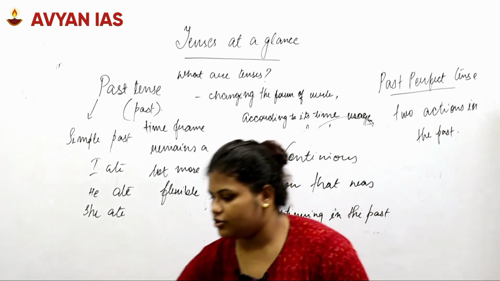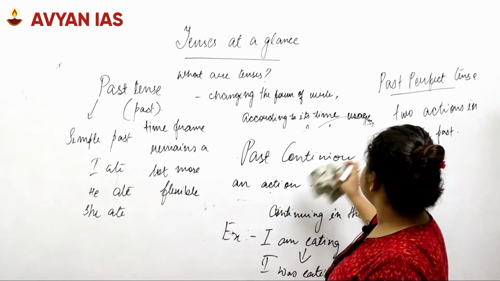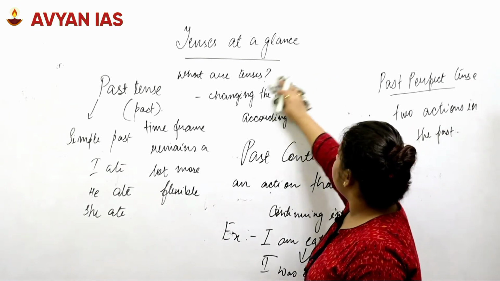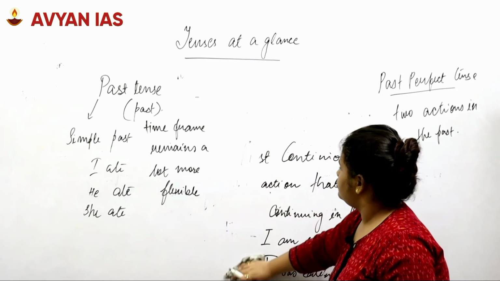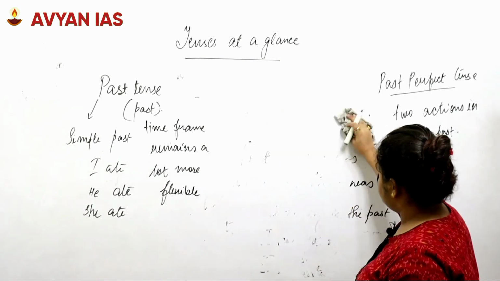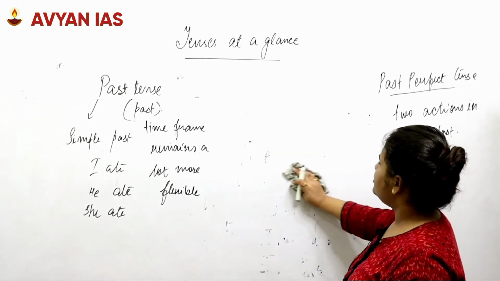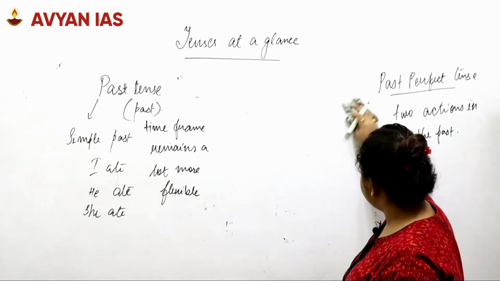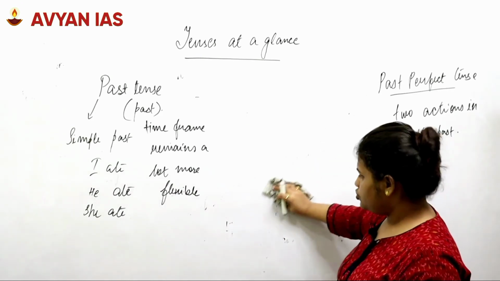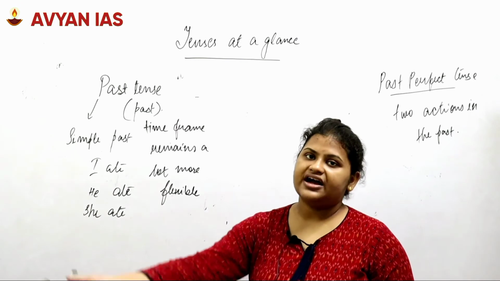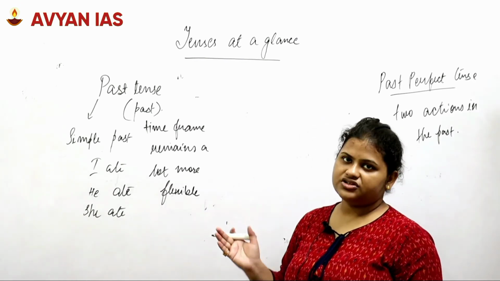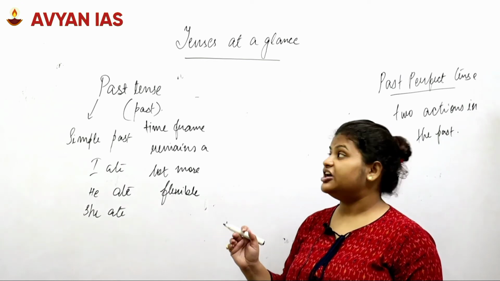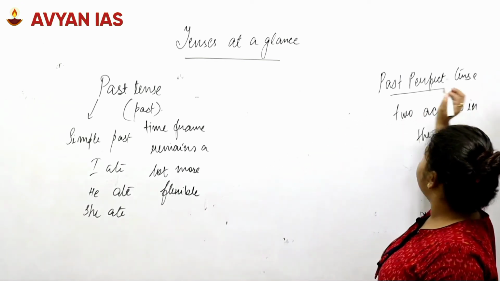So pay quite a close attention to this. Generally, if you can write a sentence using just a simple past, do use that. But when there are two actions happening in the past almost simultaneously or one after the other, but in a very short lapse of time, we will use the past perfect tense.